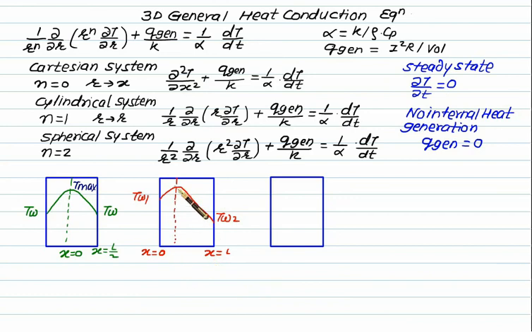At this point, the maximum temperature, we can always obtain by dT by dx equal to 0. Suppose the left face is insulated. In that case, we will have the same shape of parabola, but half of the parabola is missing. So on the left side we have the maximum temperature, and on this side we have the wall temperature.